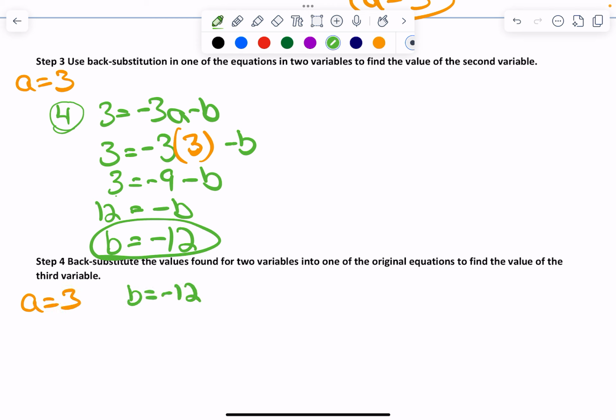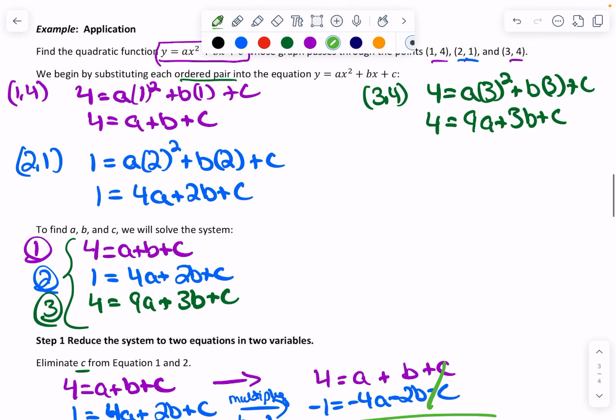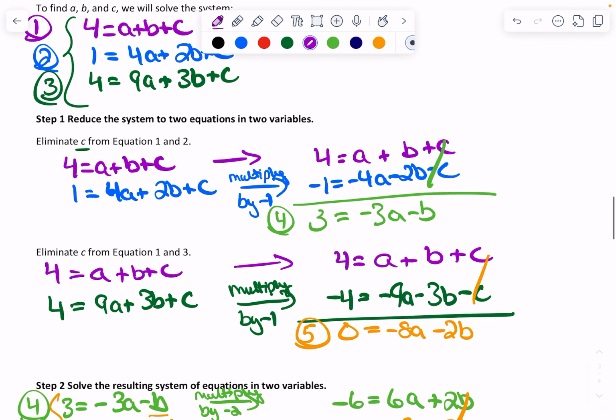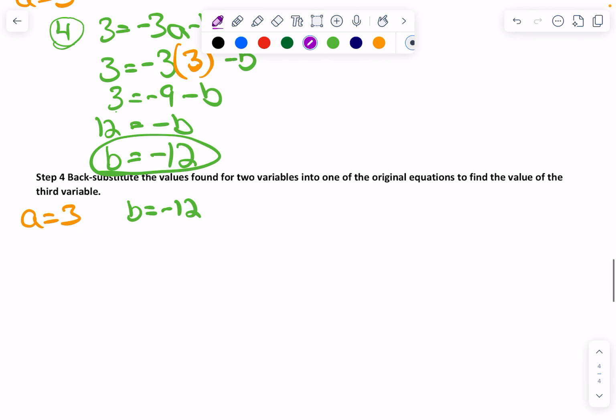And now we need one of the original equations. I think we're going to pick the first one, 4 equals a plus b plus c. I feel like that one's the easiest because the coefficients are 1 for a, b, and c.